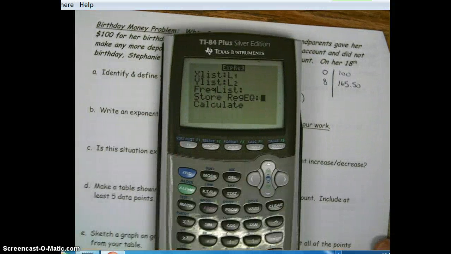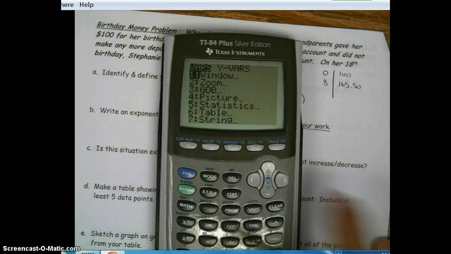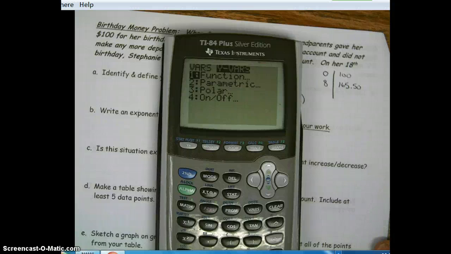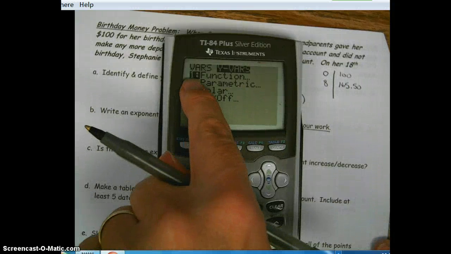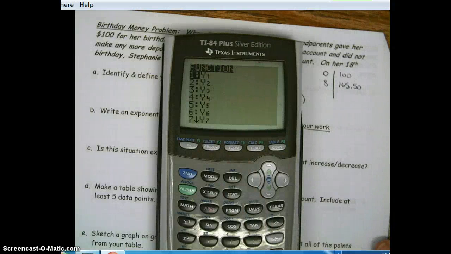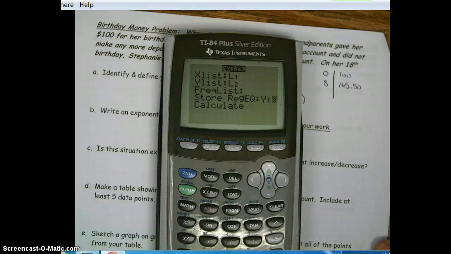So to store it in y equals, we're going to press vars, arrow over to y vars, click 1 or enter, and I want to store it in y1. Enter, enter. So there's our equation.